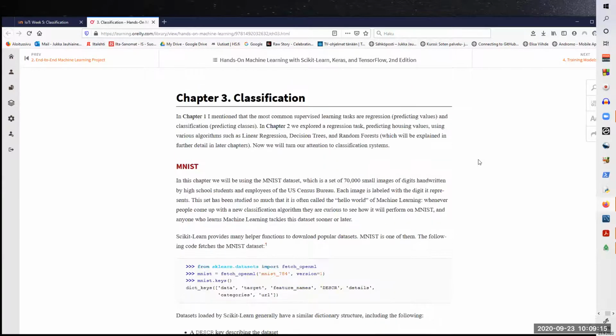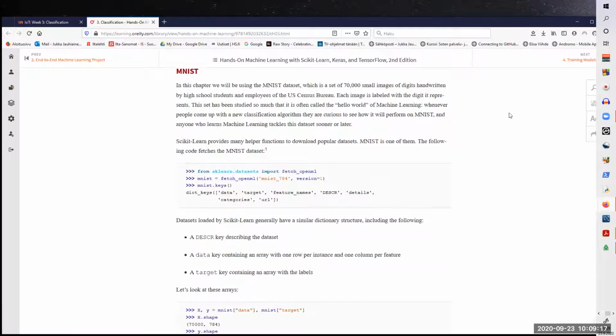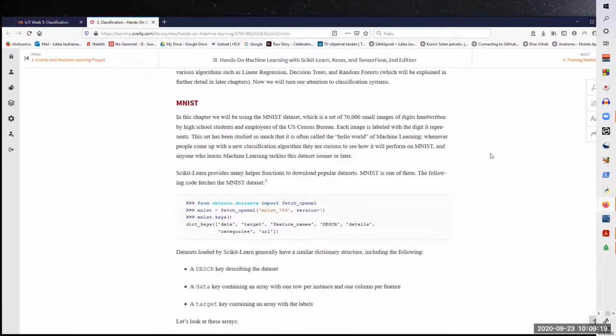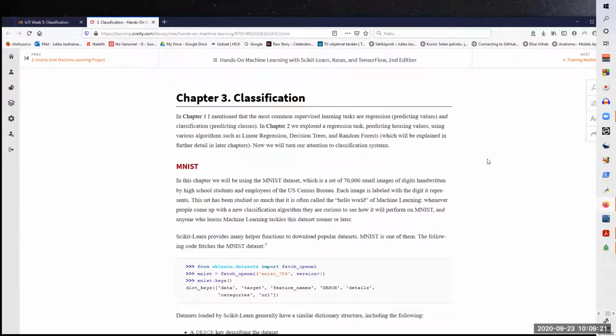I'm not going through all the details, just the general lines of the theory here. And there are some things like classification algorithms, linear regression, decision trees, and random forests, which will be needed to understand some of the text.